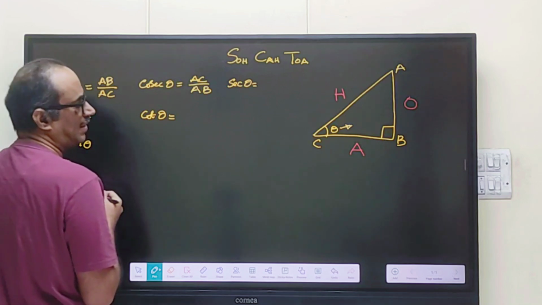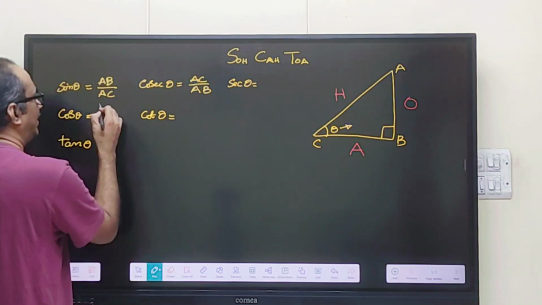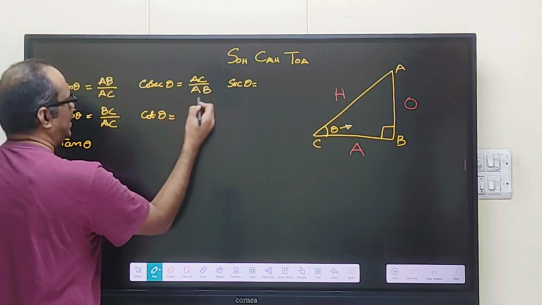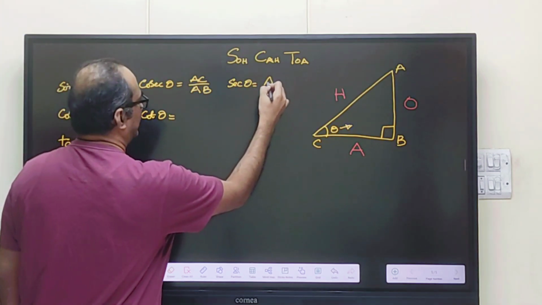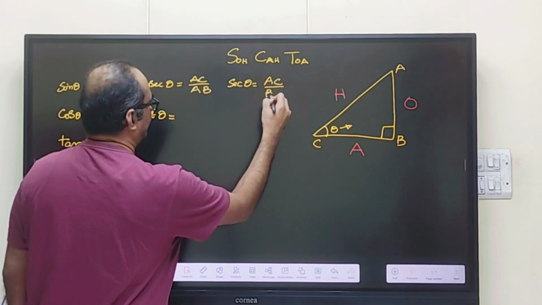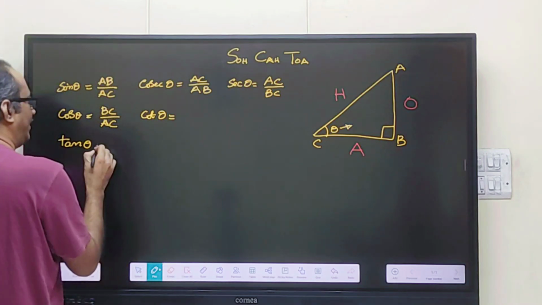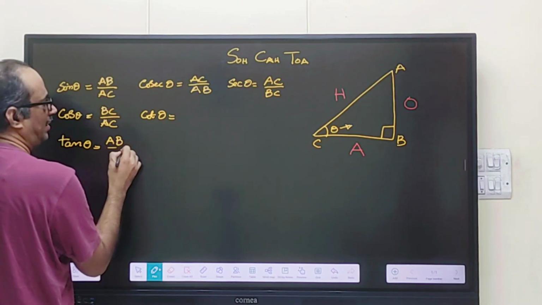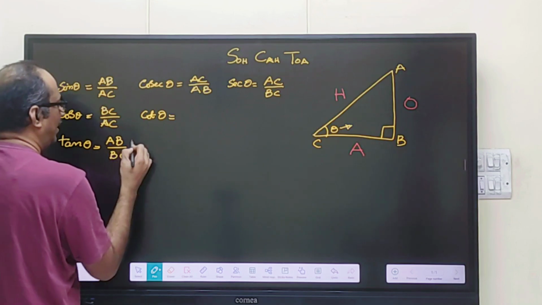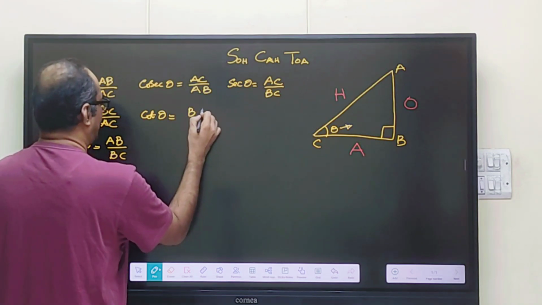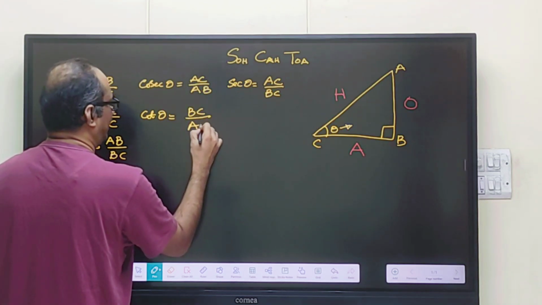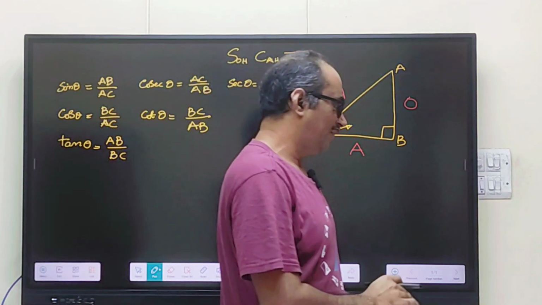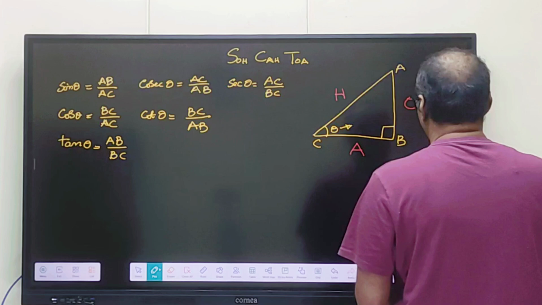Similarly, cos theta is adjacent by hypotenuse, so I can say BC by AC. Its reciprocal secant theta will be AC by BC. Tan theta is opposite by adjacent, so it will be AB divided by BC, and cot theta will be the reciprocal of that, that will be BC divided by AB. So we got all the trigonometric ratios in terms of theta.